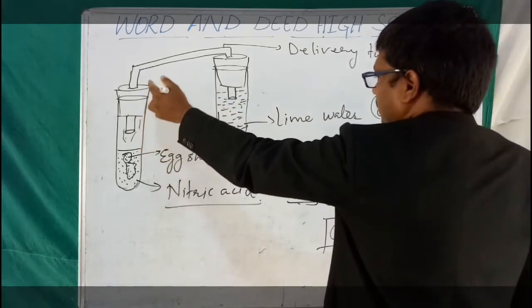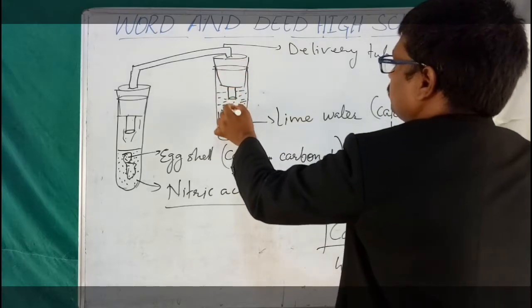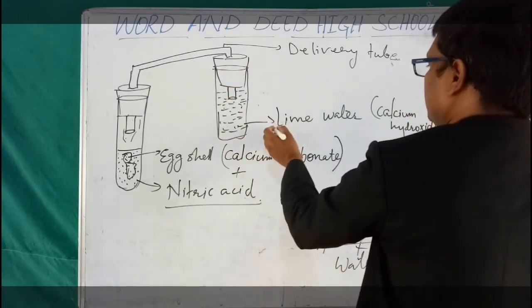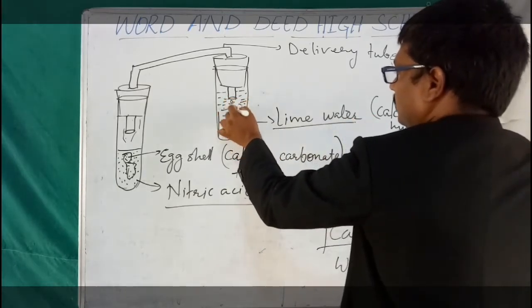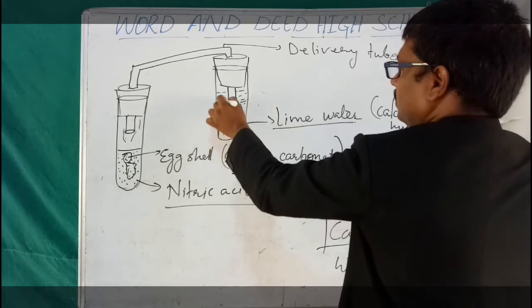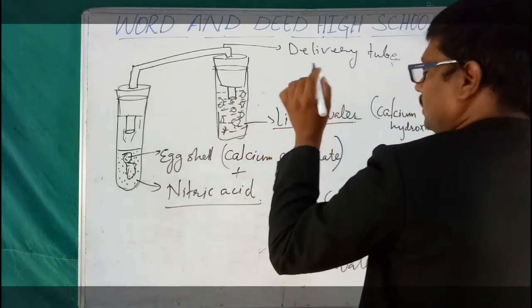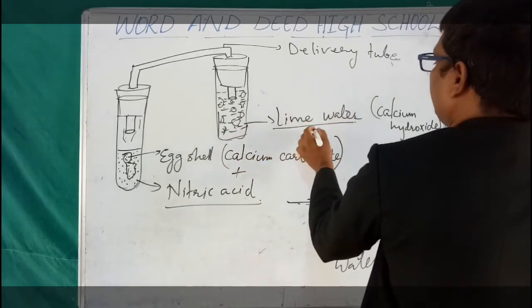The produced carbon dioxide is passed through the delivery tube into the test tube with lime water. So what will you observe? The lime water in the test tube becomes milky white.